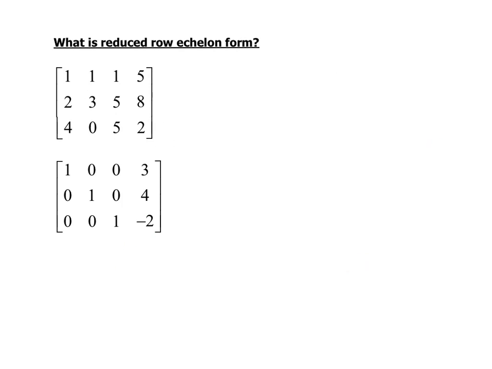What we're going to be doing is taking our augmented matrix that's got the coefficients and the right-hand side, and putting it in what's called reduced row echelon form, which we're going to abbreviate as RREF. So we're going to find the RREF matrix for our augmented matrix.